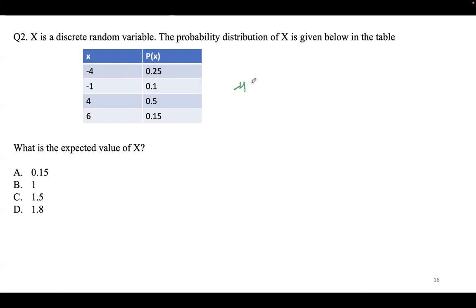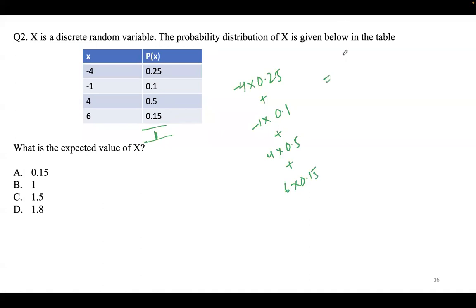It's minus 4 into 0.25 plus minus 1 into 0.1 plus 4 into 0.5 plus 6 into 0.15. And of course, as a sanity check, you should always see that the probabilities add up to 1: 25, 15, 40, 90, 100. Yeah, this is adding to 1.